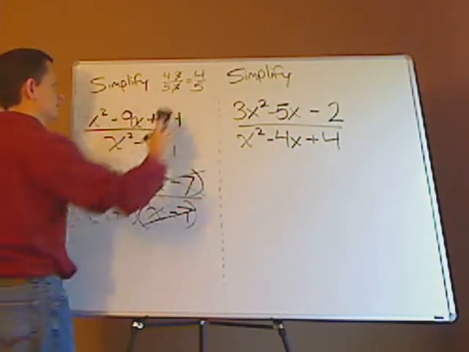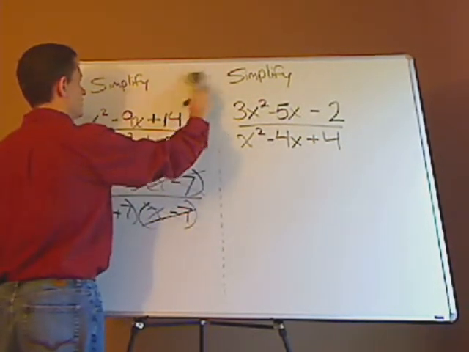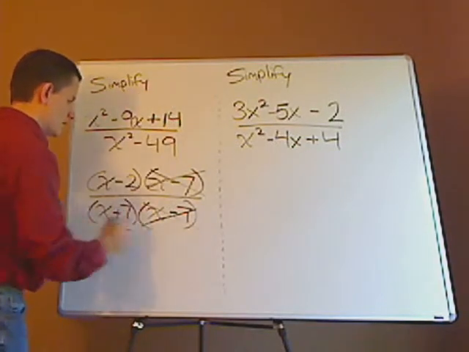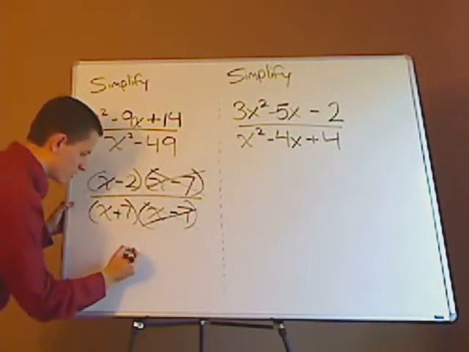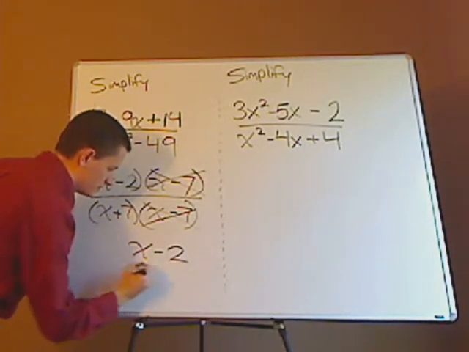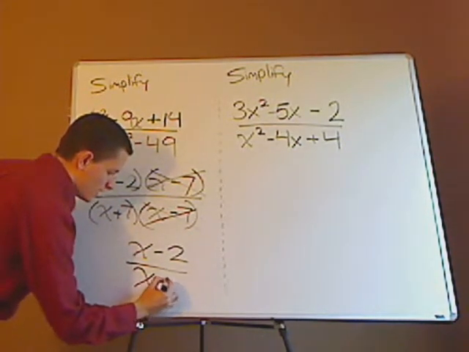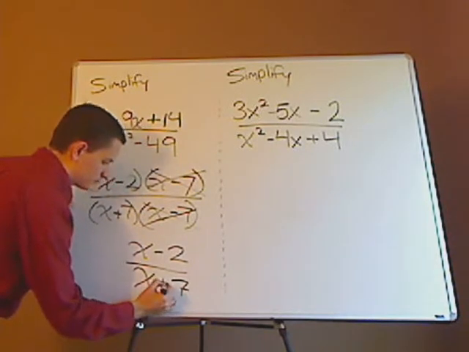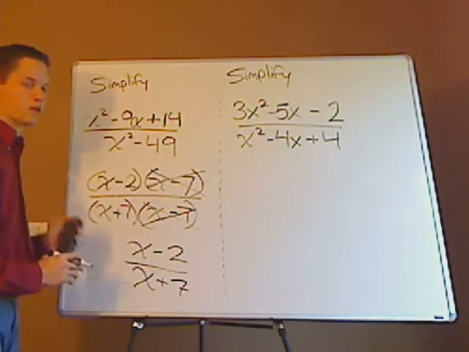You see that? So you're going to do the same thing here. And so once you cancel that out, you just put whatever you have left. And what you have left is x minus 2 over x plus 7. That's it for this expression.